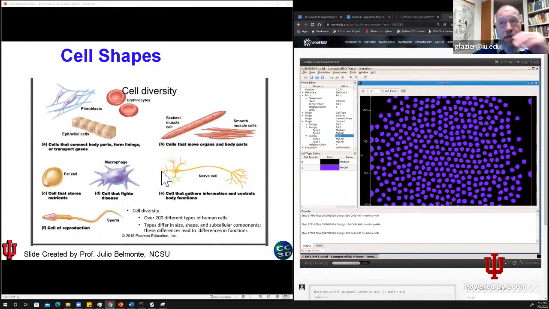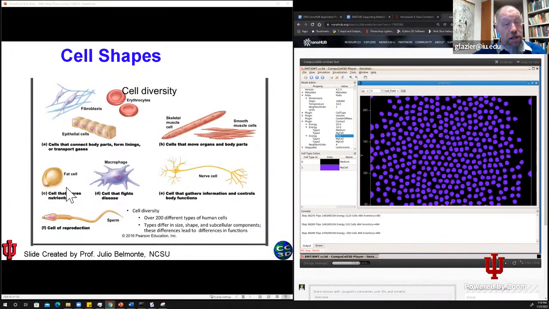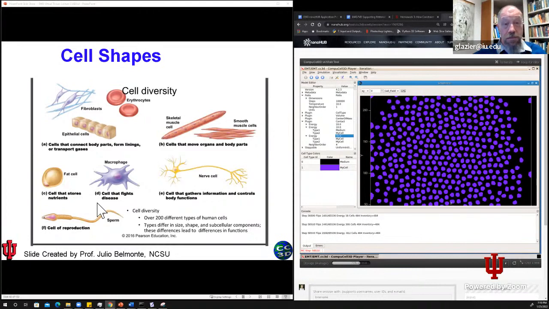Basically, different subregions of the cell are behaving effectively independent of each other. You have cells like fat cells that in some ways, although they're softer, behave a little bit like plant cells, because you have this fat globule in the middle of the cell that's not participating in the cytoplasm of the cell.